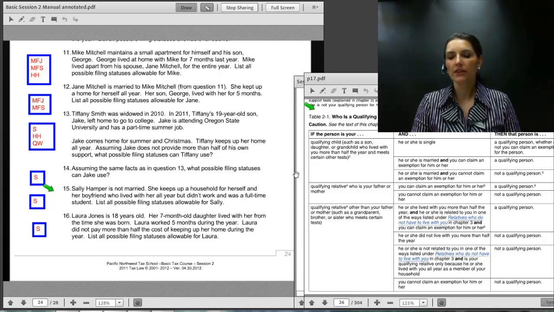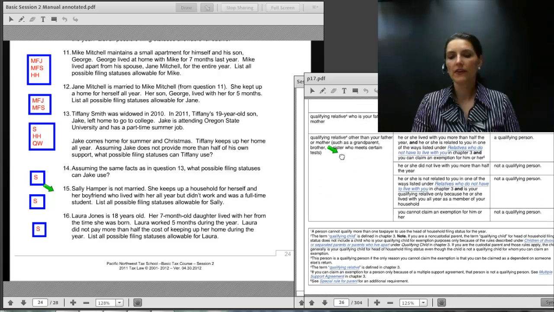And we go down until we get to this qualifying relative other than your father or mother, such as a grandparent, brother, or sister who meets certain tests. If you have a person who lived with you for more than half of the year, and he or she is related to you in one of the ways listed under relatives who do not have to live with you in Chapter 3, and you can claim an exemption for him or her, then that person is a qualifying person.